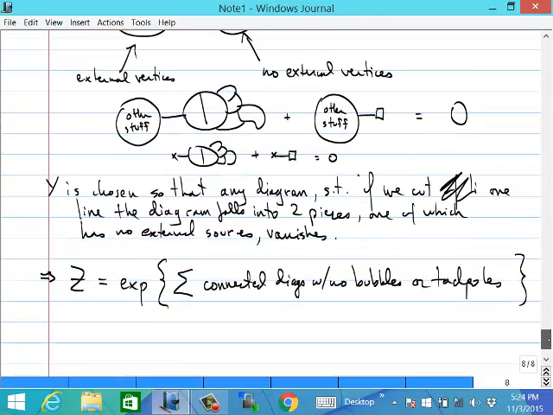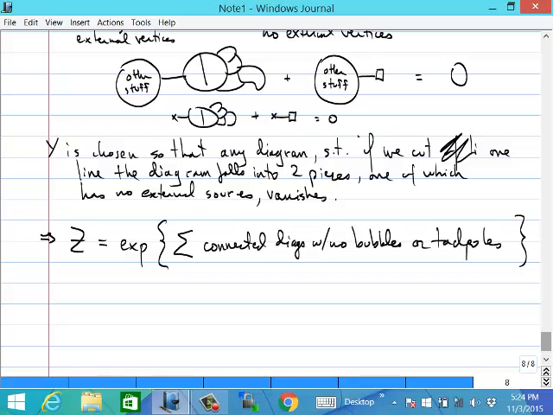So for example, let's say that you wanted to compute the two-point function. Earlier we wrote down a bunch of terms that contribute to the two-point function. So we had a term like this. And then in a phi cubed theory, you would have a term like this, right?